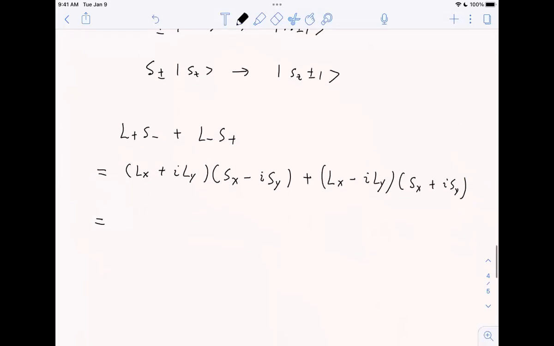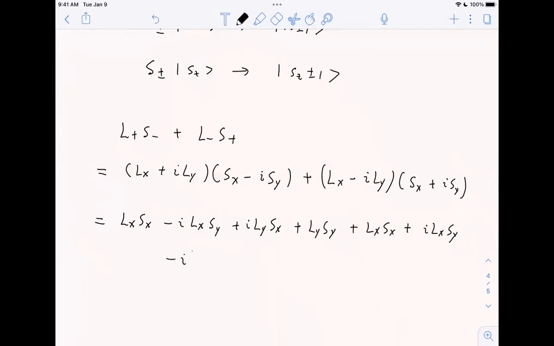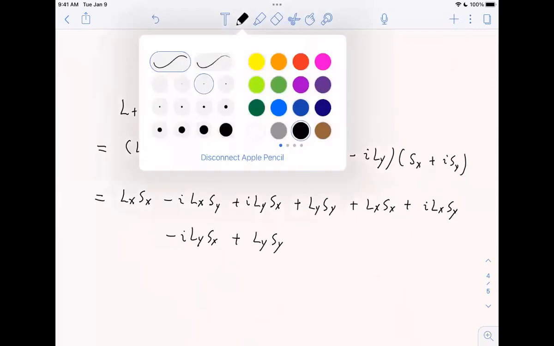Then let's expand them. Lx Sx, and then minus i Lx Sy, plus i Ly Sx. So this i and this minus i will become 1. Okay, so this is one term. The second term is Lx Sx, Lx Sy minus Ly Sx, Ly Sy.